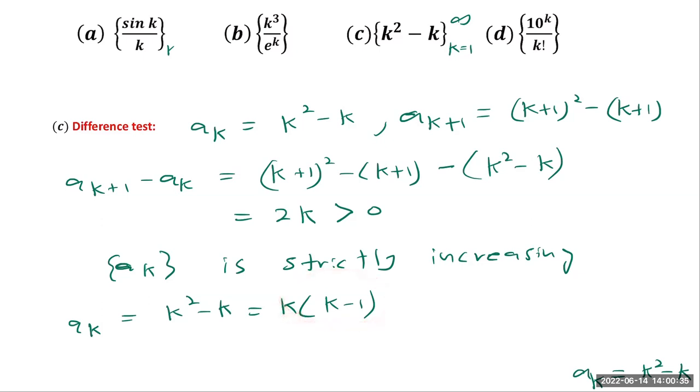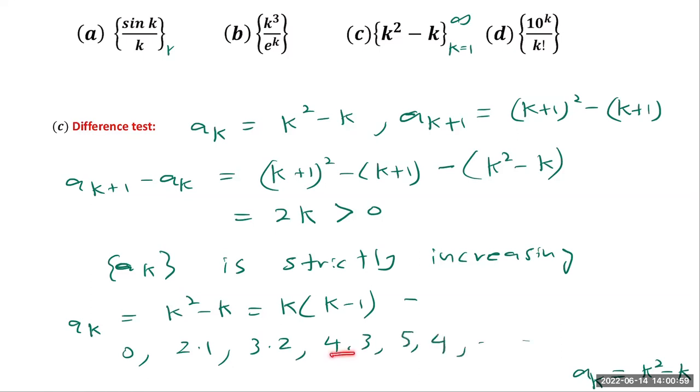When k is equal to 2, this is 2 times 1. When k is equal to 3, you get 3 times 2, and then 4 times 3, and then 5 times 4, so on and so forth.